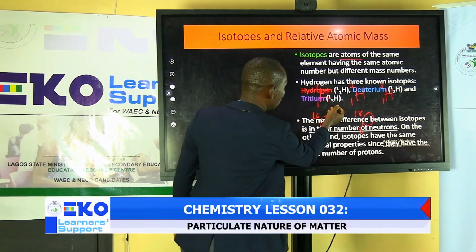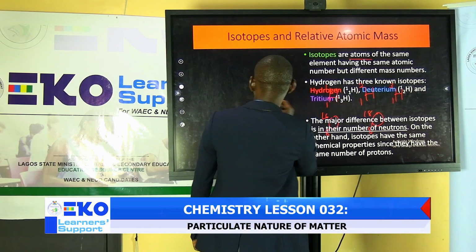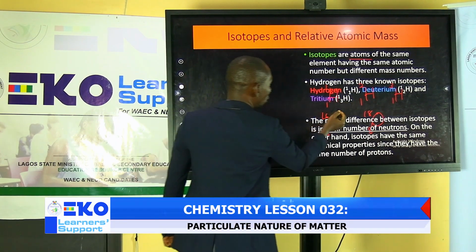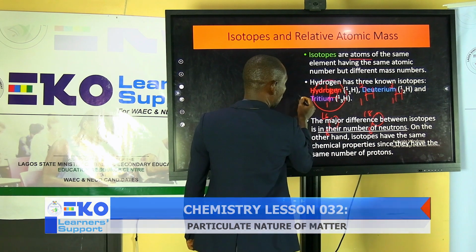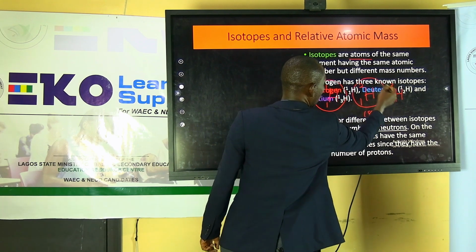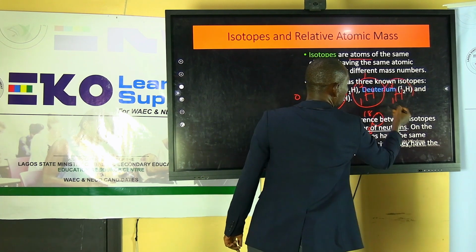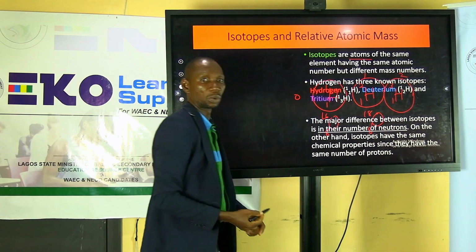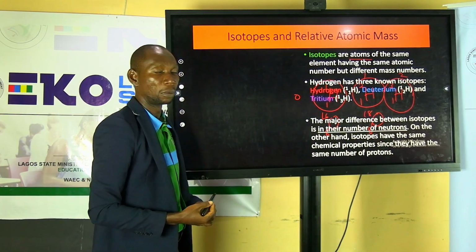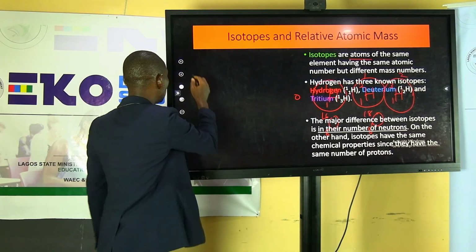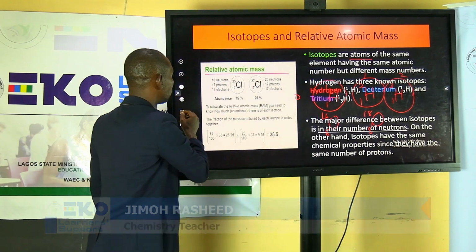In the normal hydrogen here, the number of neutrons is 0 because this is 1 minus 1. But the number of neutrons here is 1, while the number of neutrons here is 2. And that is why isotopes usually have different physical properties, but similar chemical properties.